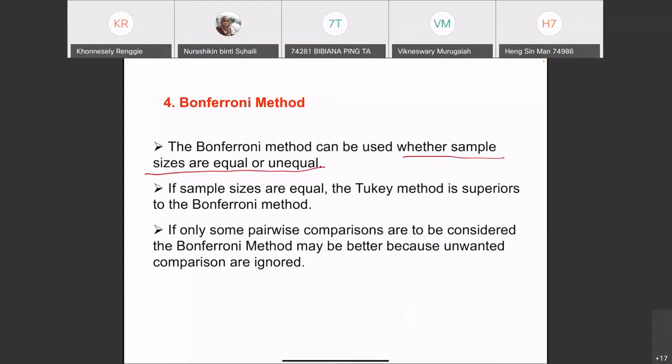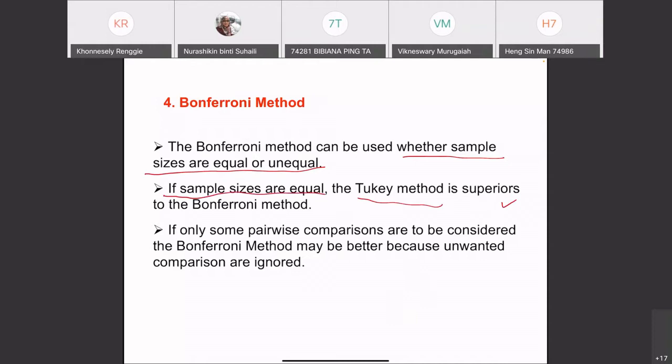But please take note of the second statement here. If sample sizes are equal, the Tukey method is superior to the Bonferonni method. So if you come across a situation where the sample sizes are equal, even though you can use Bonferonni, you can use Tukey method, but you have to know that Tukey method is much better in that situation compared to Bonferonni.